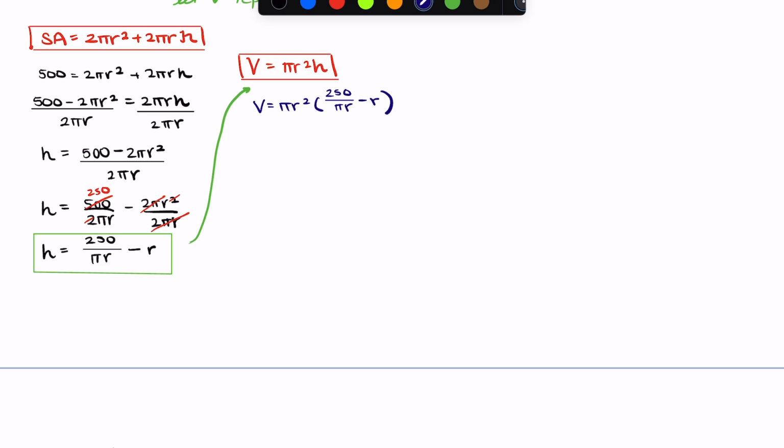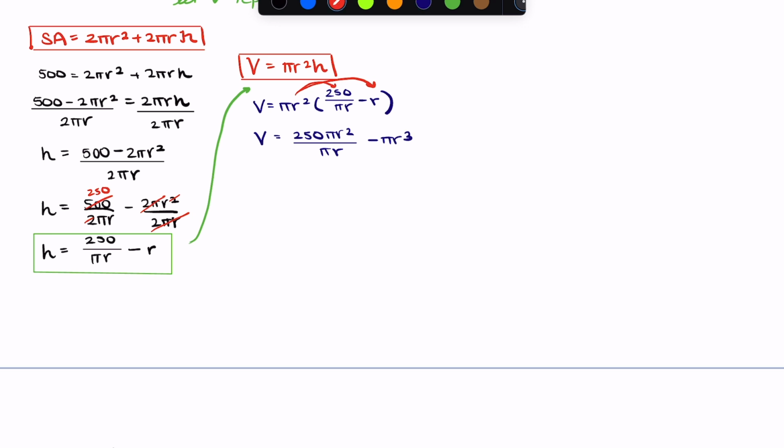So what we can do is distribute the outside to the inside. Distribute the pi r squared into 250 over pi r and negative r. So here we'll get volume is equal to 250 pi r squared over pi r, which will be simplified, minus pi r cubed.